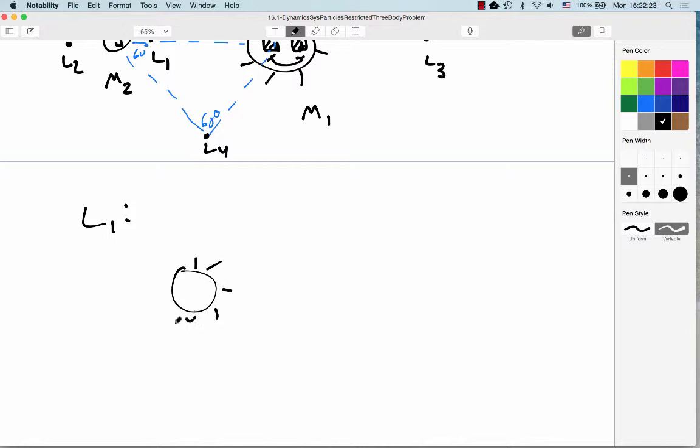So here I'm rotating it 90 degrees from how I had it drawn over there. Alright, there's a very badly drawn sun. There, that's much better. So M1, Jupiter's out over here somewhere, that's M2, and our asteroid is out over here at L1.